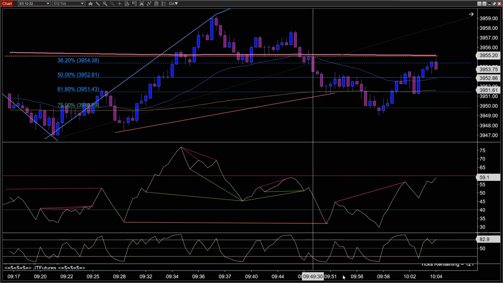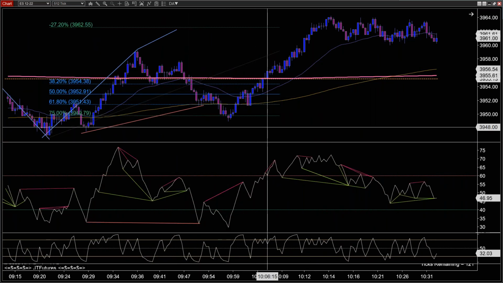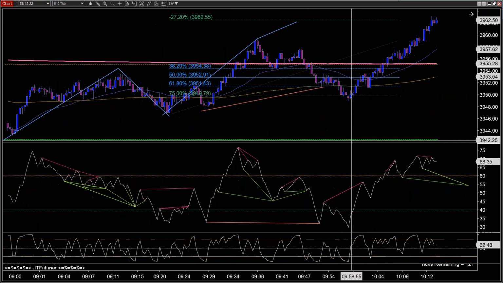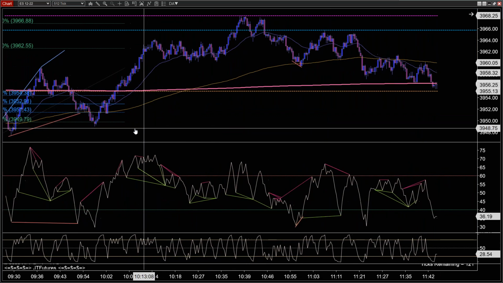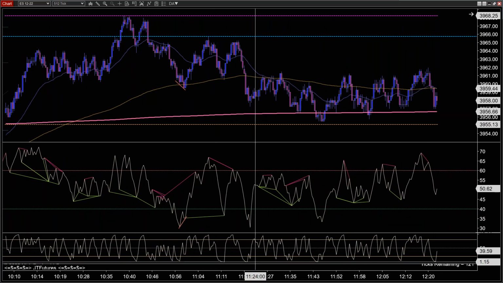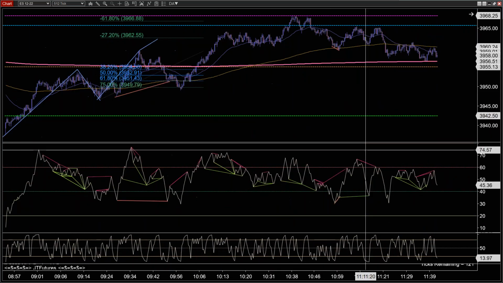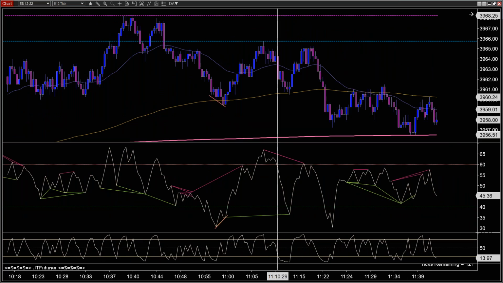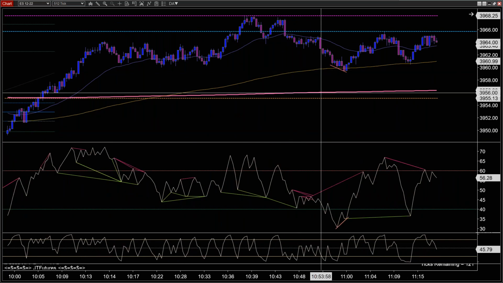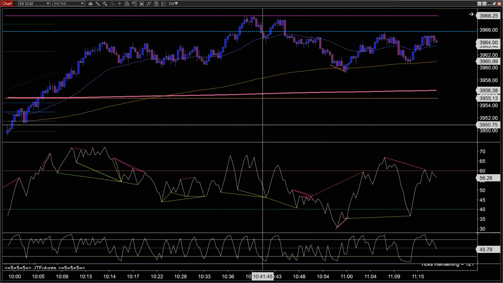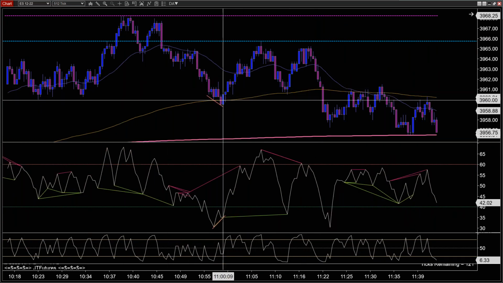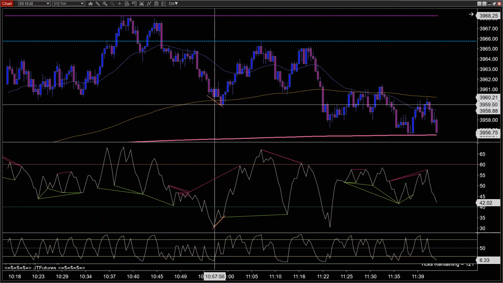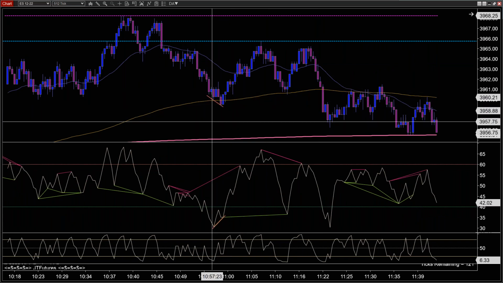So let me bring this back here. My argument is that if you're testing into one of the various levels I just mentioned, it shouldn't break by more than a few ticks and should turn if that's going to be the type of trade I want to take, okay?